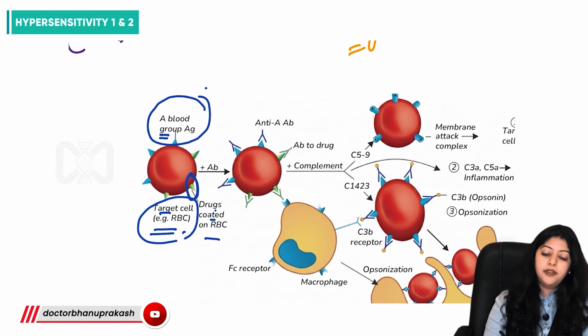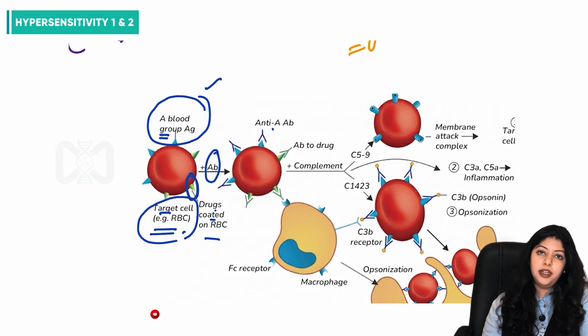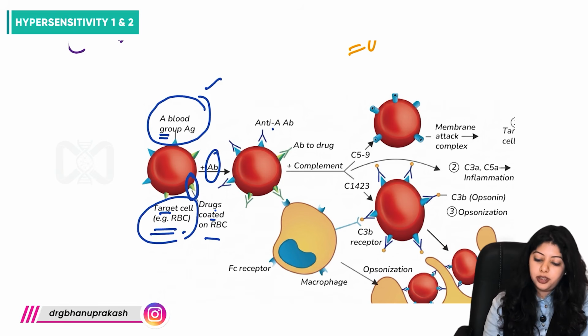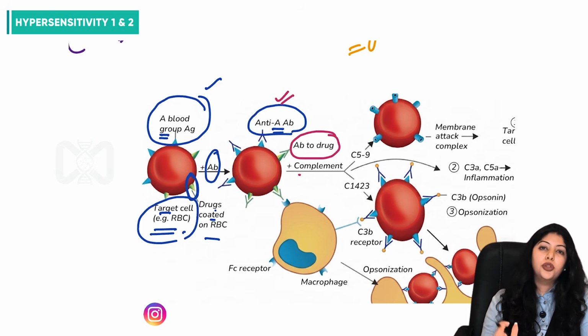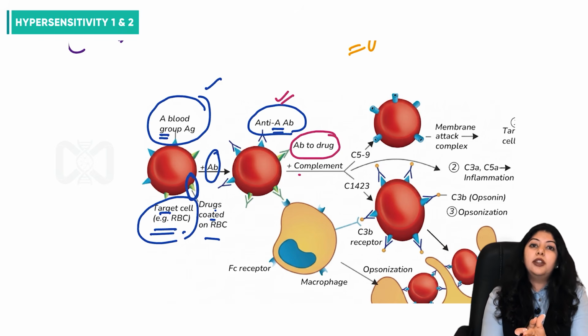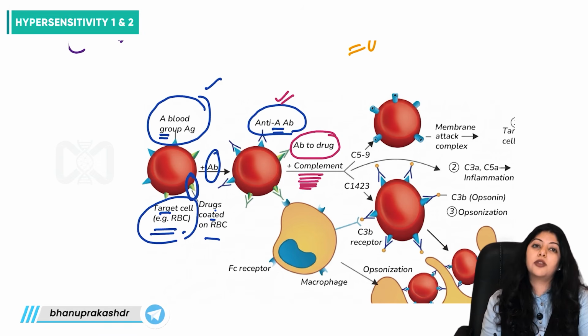Since it is antibody mediated, these antigens are fixed to the host cells. So once antigen-antibody interaction occurs, suppose these are anti-blood group A antibodies, and then we have the antibodies to drug as well. So this antigen-antibody interaction is going to activate the complement system.